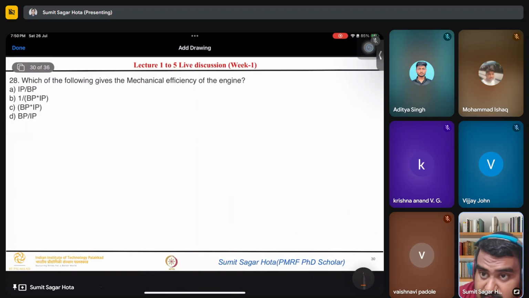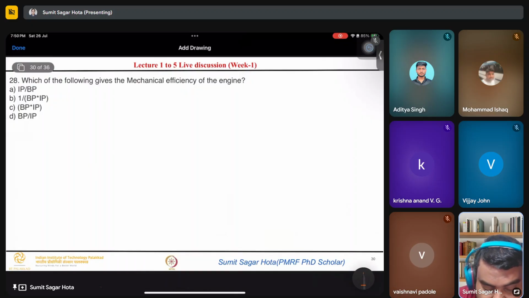Next one, which of the following gives the mechanical efficiency of the engine? Mechanical efficiency, always, output by input is the formula of efficiency. Here BP and IP: BP means the brake power and IP is the indicated power.